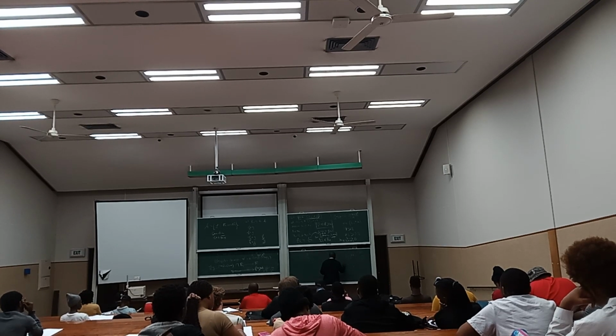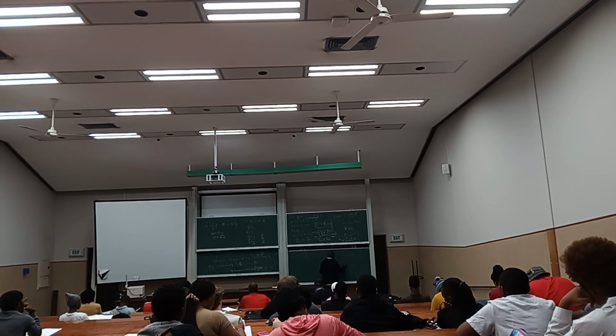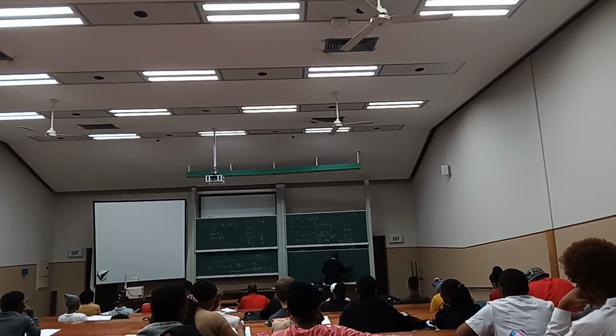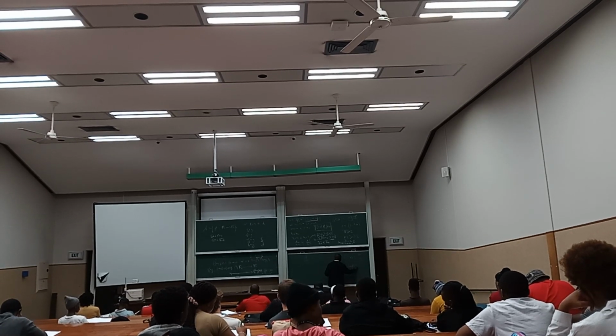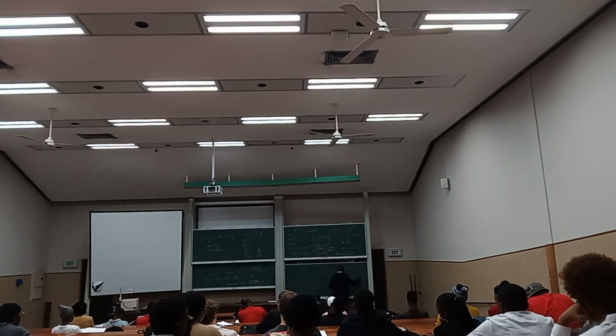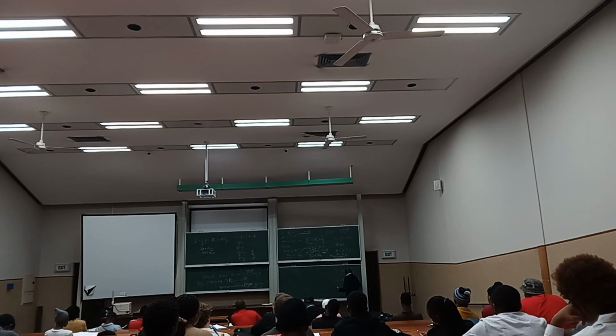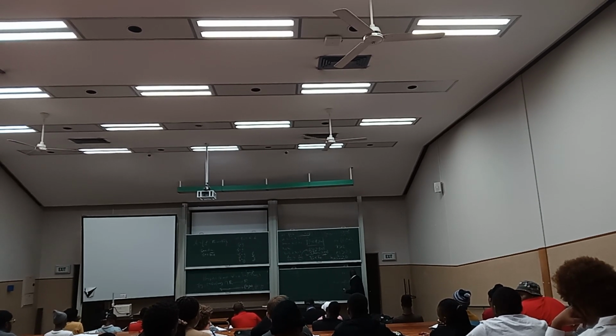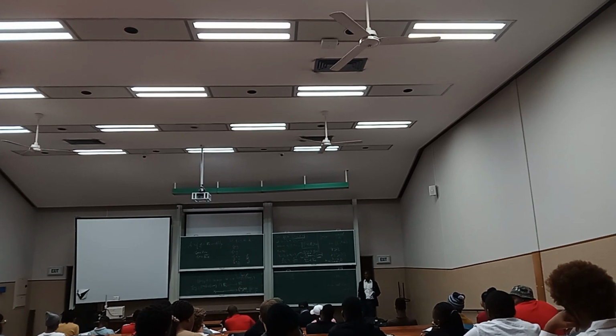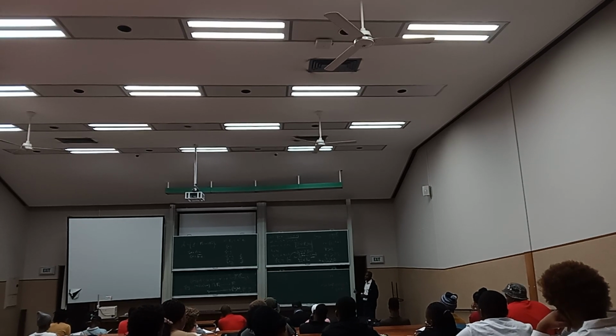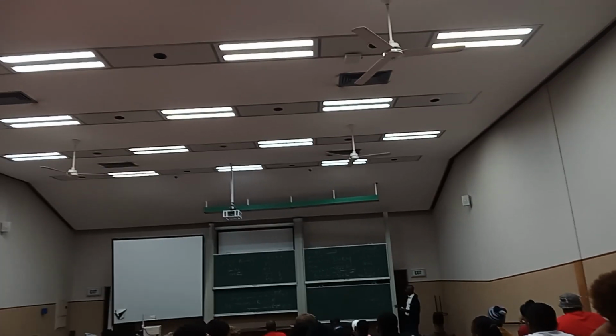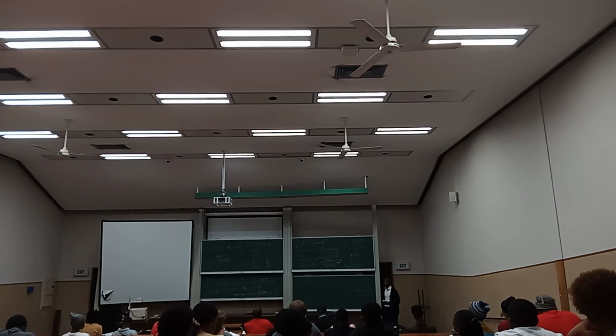So f over j will be defined on the domain of f intersection with the domain of j such that j of x is different from 0. Very important. The j of x has to be different from 0.